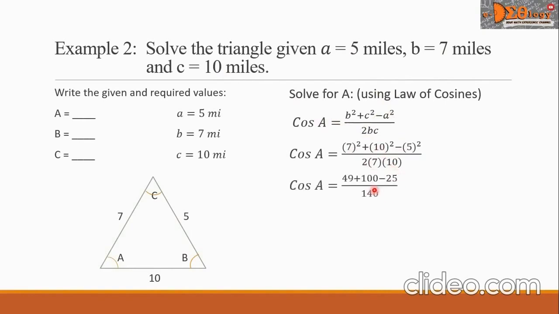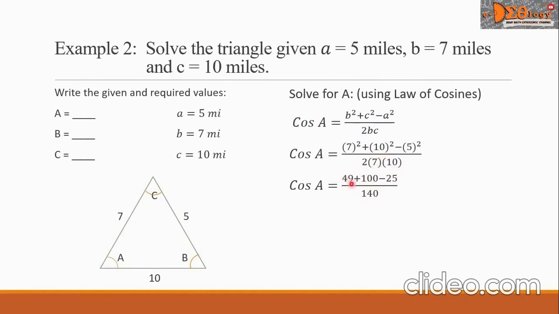Simplifying further, 7 square is 49, 10 square is 100, 5 square is 25. In the denominator, 2 times 7 times 10 equals 140.